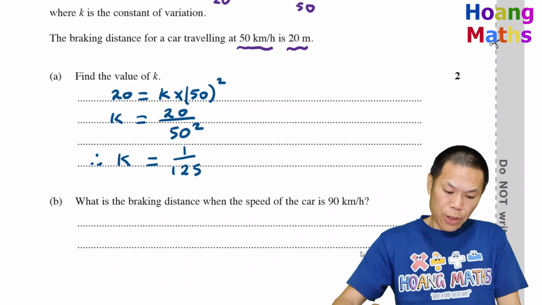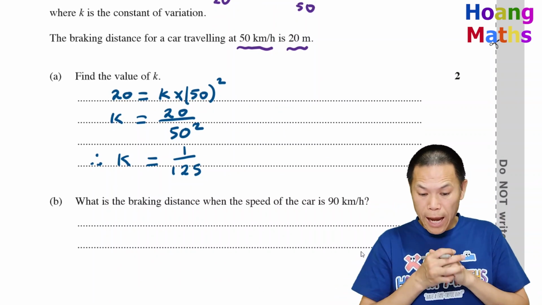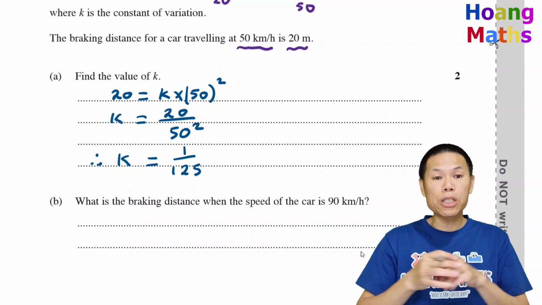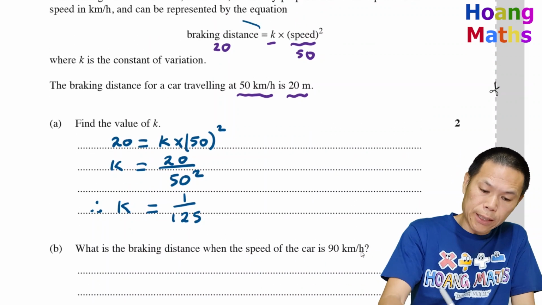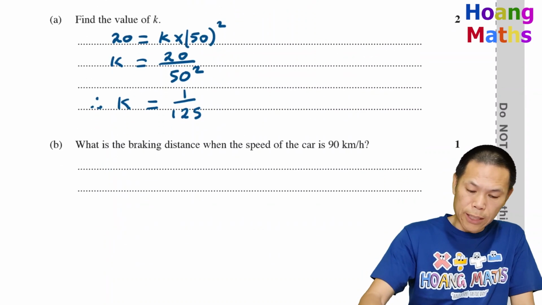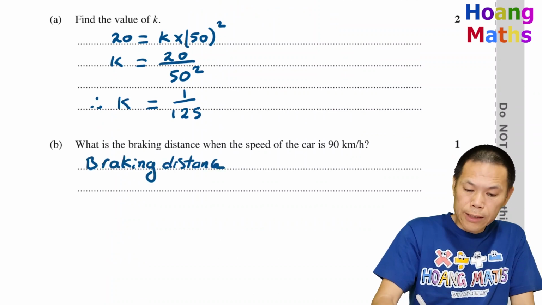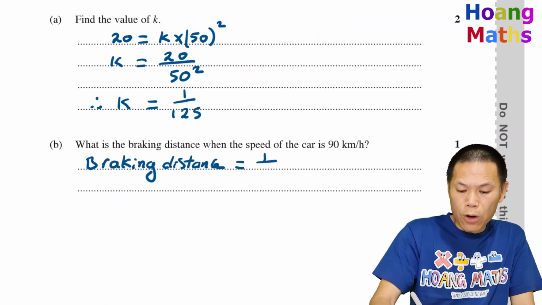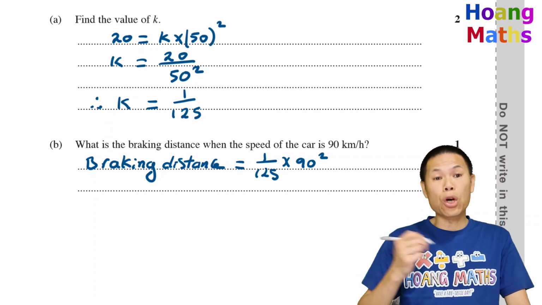Now, part B. What is the braking distance when the speed of the car is 90 kilometers per hour? So we know that the braking distance is equal to K times this. Let me just write this down. Braking distance is equal to K, K is 1 over 125, and we times by 90 squared. So I just put it on a calculator.